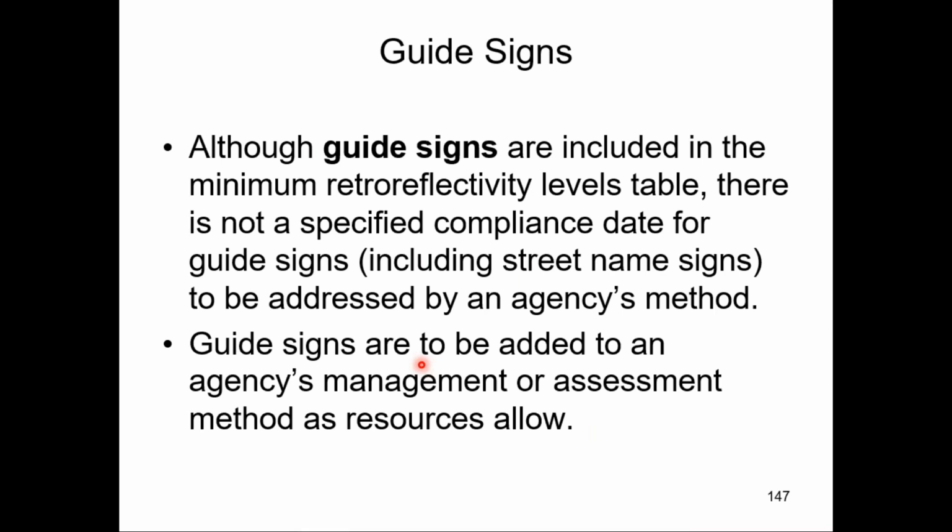And I think I mentioned earlier, originally there were compliance dates specified in the MUTCD. Those have been removed. There are no compliance dates, although the question I think someone asked earlier was about California, and I don't know about California because it's possible certain states may have their own compliance dates. I have to admit, I'm not familiar with California, but in terms of the national manual, the compliance dates were dropped.